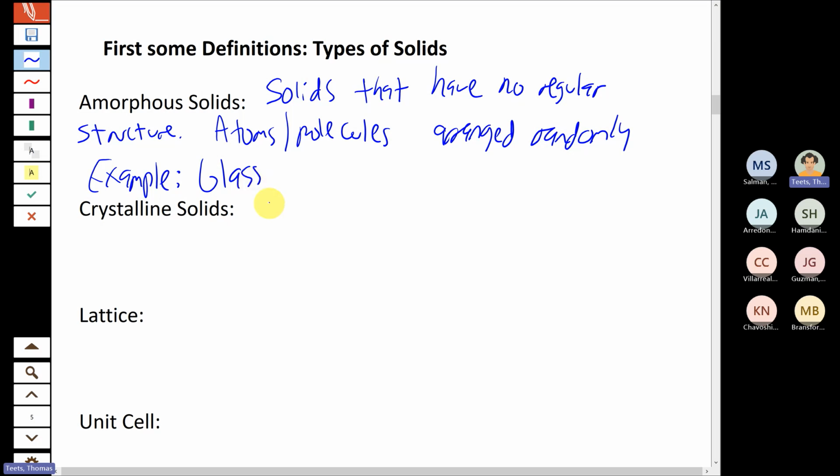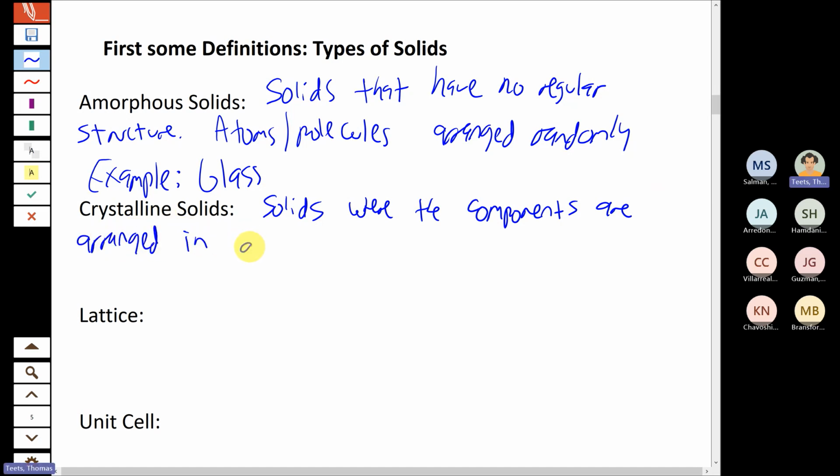solids, and these are ones where the components, the atoms, molecules, or ions that make them up, are highly organized. So they're arranged in a highly regular and periodic fashion.